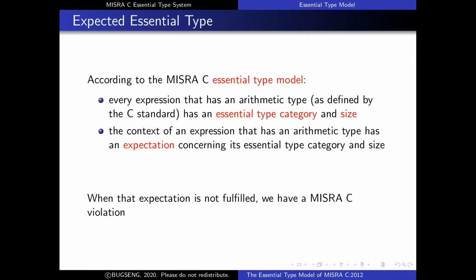If you give it an integer, it's a violation. So in the context of the guard, something of essential type category Boolean is expected, and if you don't give a Boolean, then it will be a violation of some rule.